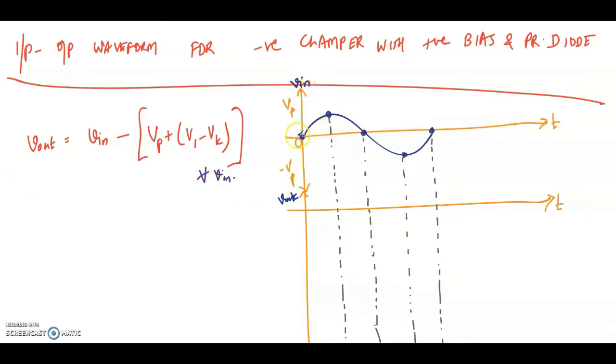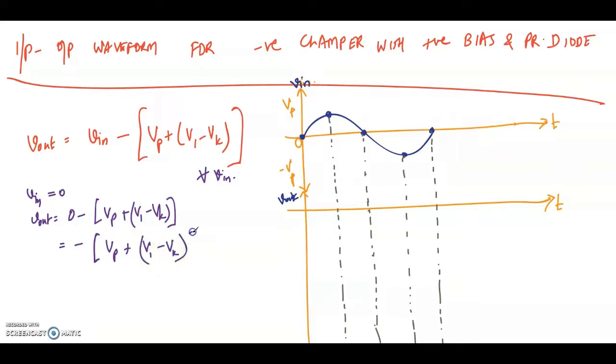Start with the first value of Vn, Vn equal to 0. When Vn is equal to 0, what is Vout equal to? Substitute in this equation: 0 minus Vp plus V1 minus Vk. That is equal to minus of Vp plus V1 minus Vk.